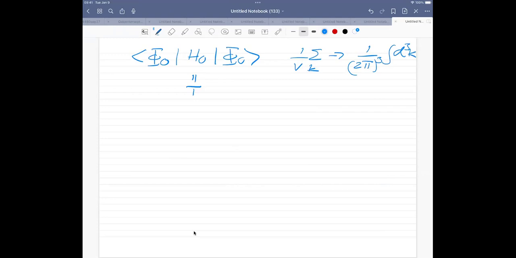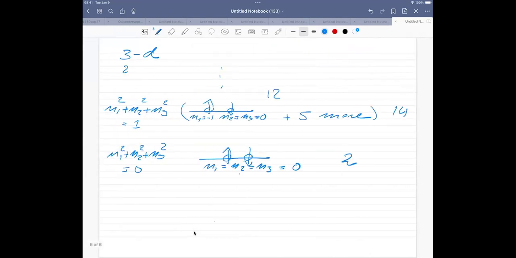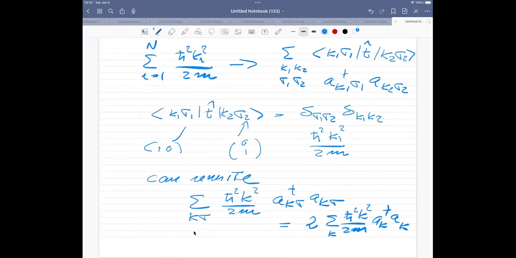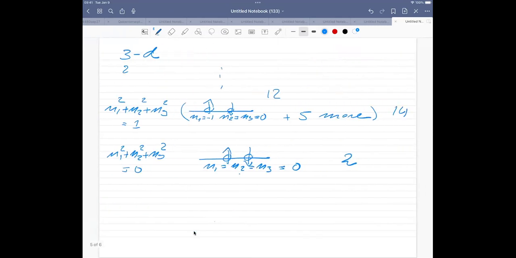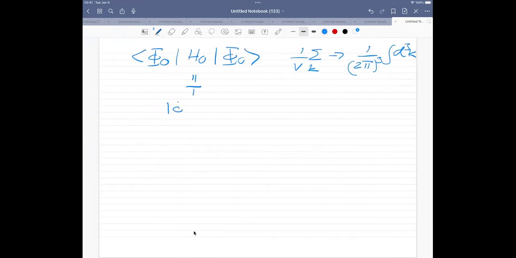So when we are calculating the expectation values and introduce the creation and annihilation operators, we know that this state K has to be below the Fermi level, because if not, it's going to be 0. Just remember that, and we've done this many times.